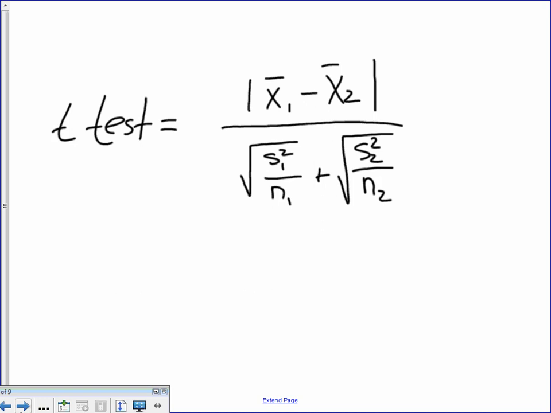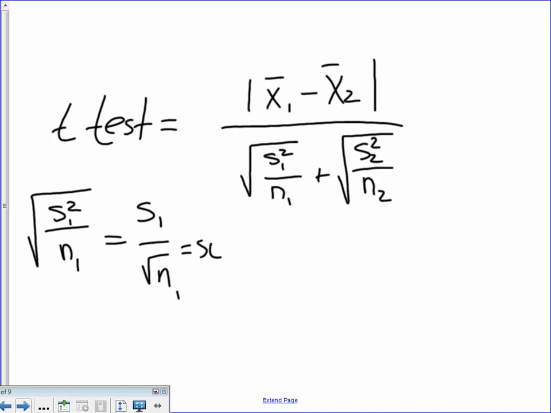A little simpler form of it is if we take a look at this, s squared over n1 can actually be simplified because the square root of s squared, of course, would be s. So we're going from variance to standard deviation, and we still have the square root of n. And so if you take standard deviation divided by the square root of n, if you look at your formula sheet, that's actually the formula for the standard error of the mean.